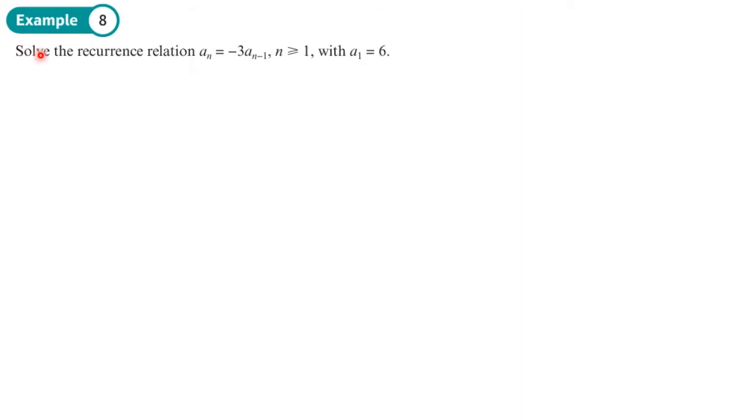So we've been asked to solve this recurrence relation. Notice on this one, we've been given a_1, not a_0. So let's write down the form of this recurrence relation. Again, it's homogeneous. There's no function of n at the end. So u_n equals a times u_{n-1}.